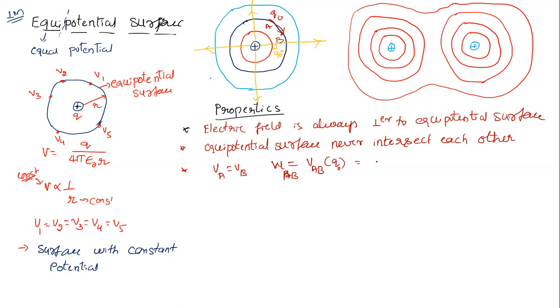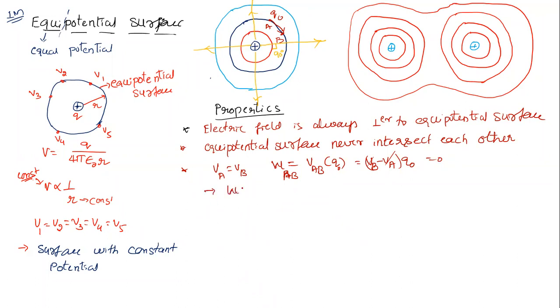V AB means VB minus VA, into Q naught. On the same circle the potential is the same, so the difference cancels and it becomes 0. So the work done to move a charge on an equipotential surface is how much, students?